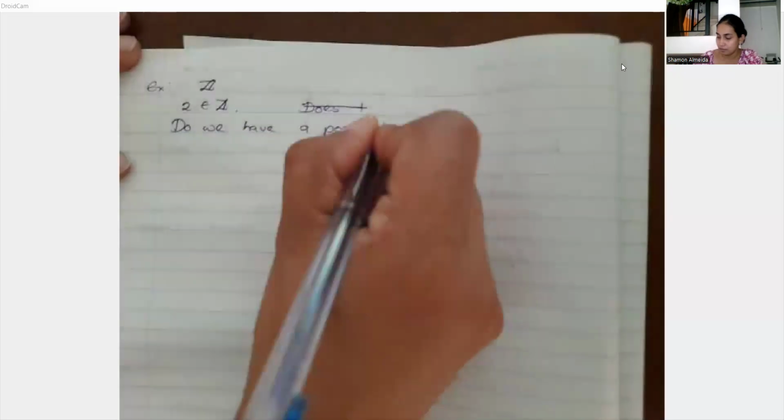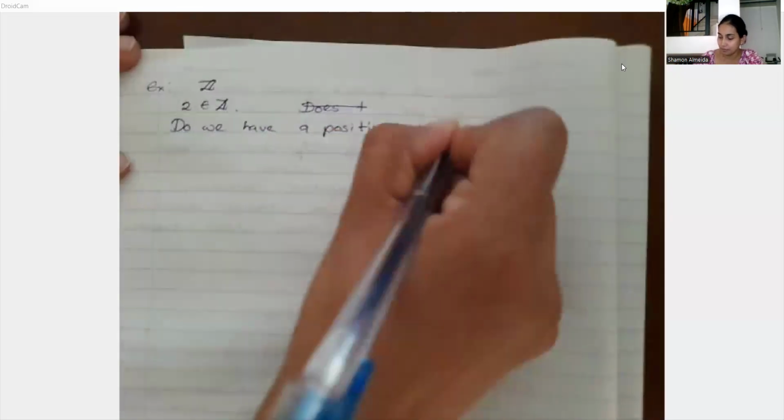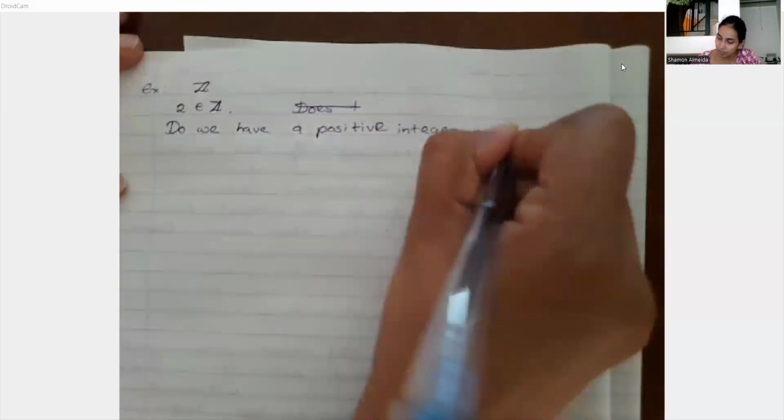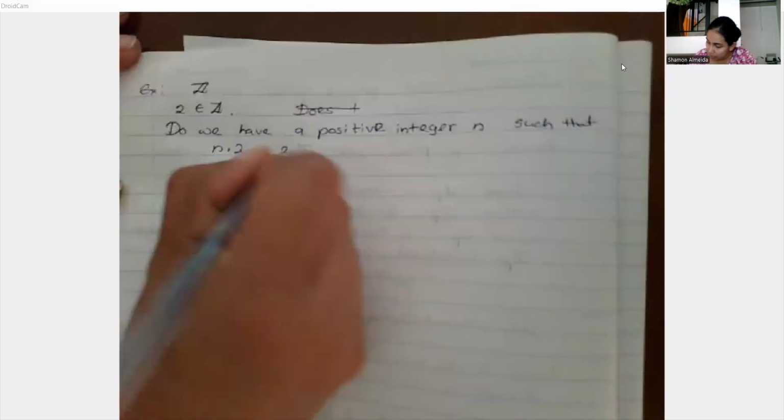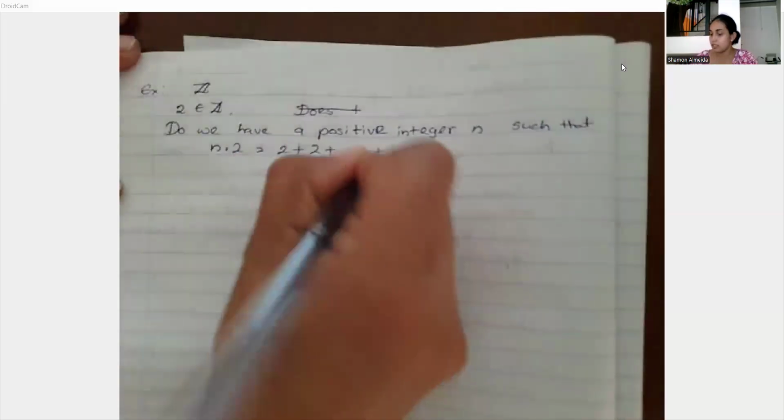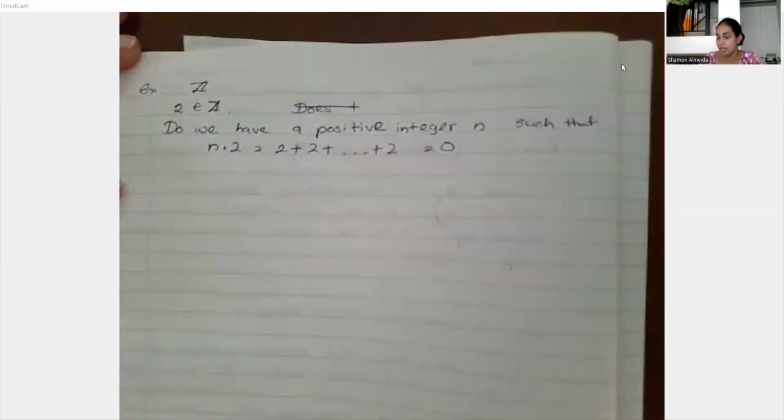Can we find some n? Do we have a positive integer n such that n times 2, which is simply 2 plus 2 plus, the usual addition, where we contain n terms over here, is equal to 0? n is positive, right?